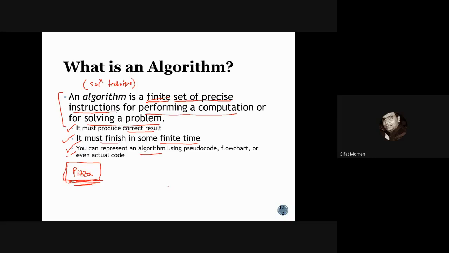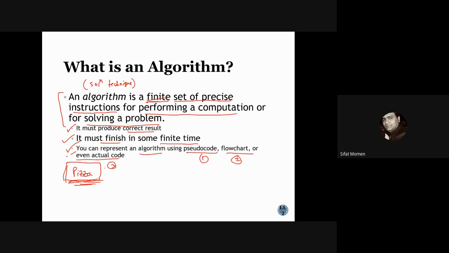You can express an algorithm in the form of a pseudocode. That's one way. You can express an algorithm in the form of a flowchart, or even in the form of actual code. Is this clear, Nakina? Yeah? So there are multiple modes by which you can actually express an algorithm. Is it clear, Nakina? Yes?